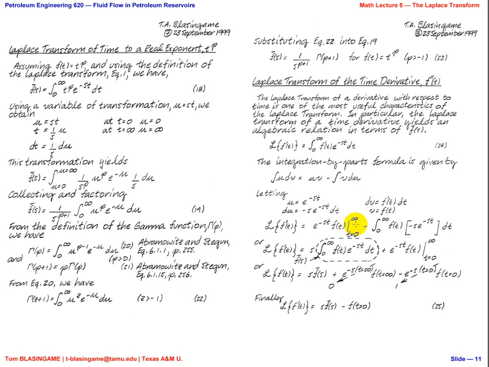When you substitute the derivative of a function here and integrate by parts again, and then integrate and integrate, you come up with this expression, right? So what it tells you is that in order to get the Laplace transform of a derivative, you need an initial condition, right?